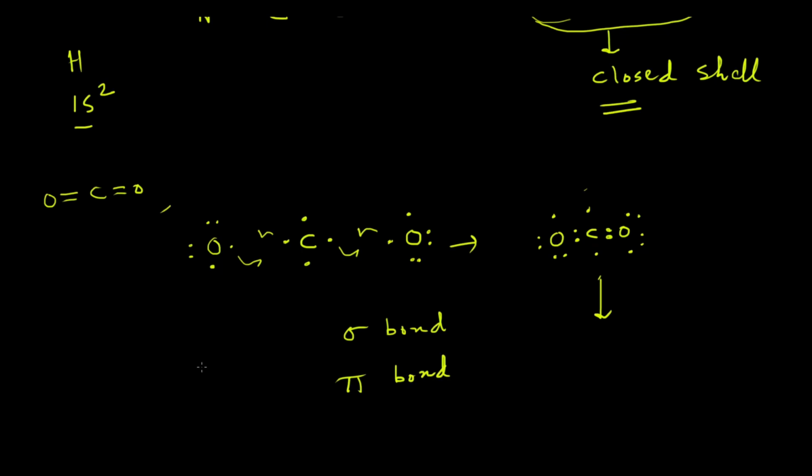In the case of a sigma bond, end-on overlap takes place between the participating orbitals of the atoms, and in the case of pi bond formation, lateral overlap takes place, right? This will be discussed in the valence bond theory. I'm just giving you some idea. Okay, so now the double bond formation will take place.